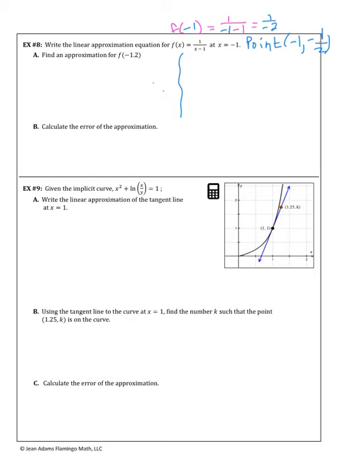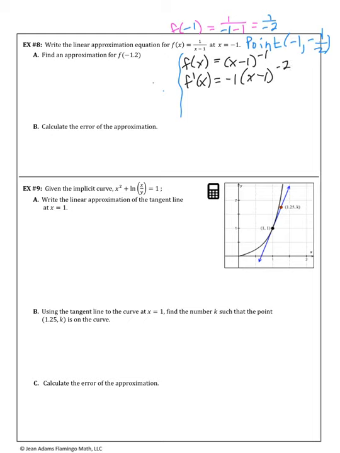Okay, so then I need to find my derivative. To find my derivative, remember that my f of x can be written this way: x minus 1 to the -1. I'd prefer not to do the quotient rule. So f prime of x is equal to -1 times x minus 1 to the -2.